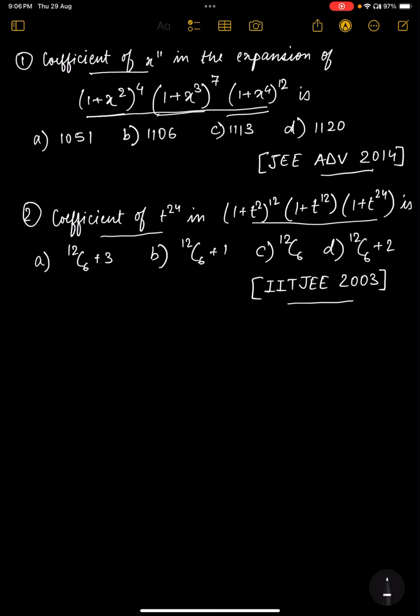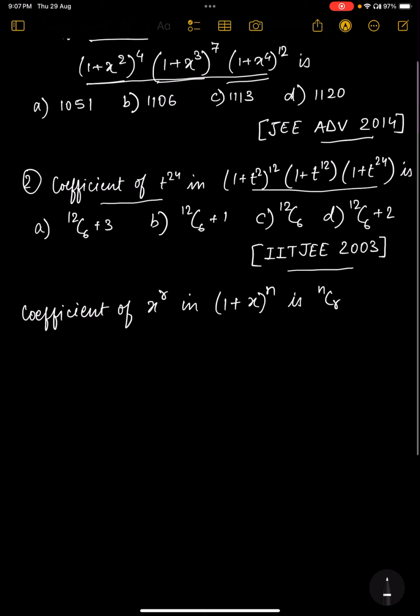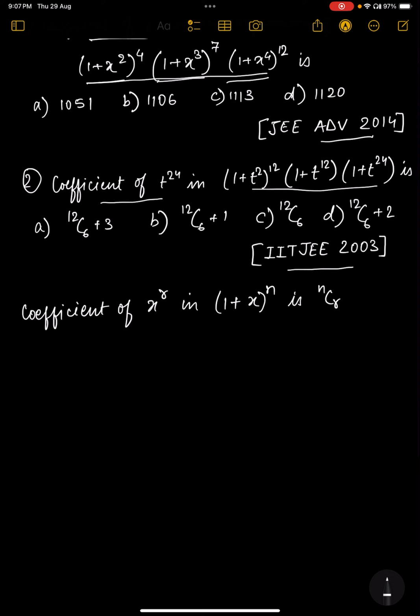So let us see. First of all, we need to know that the coefficient of x to the power r in an expression such as (1 plus x) to the power n is always given by nCr. Okay. Now, this greatly relieves us of the problem. So, if we have to find the different compositions, I'm solving the first question over here to be very clear.